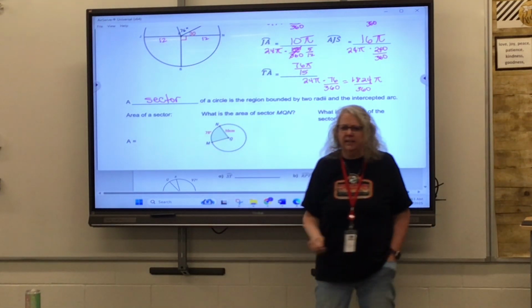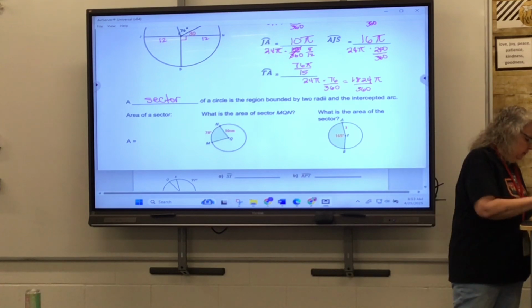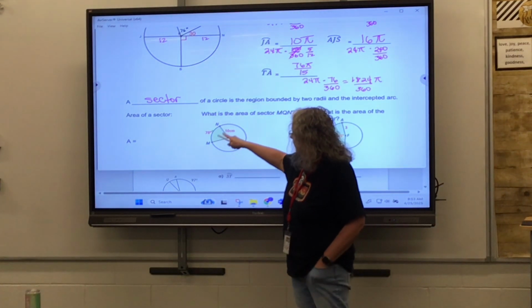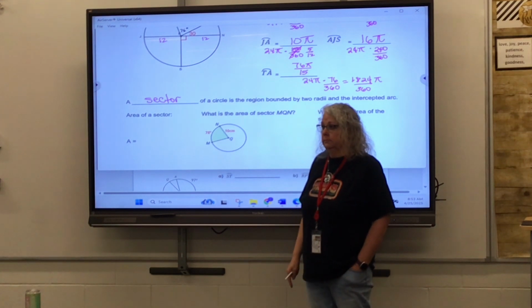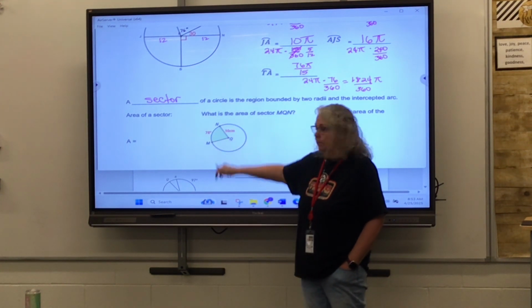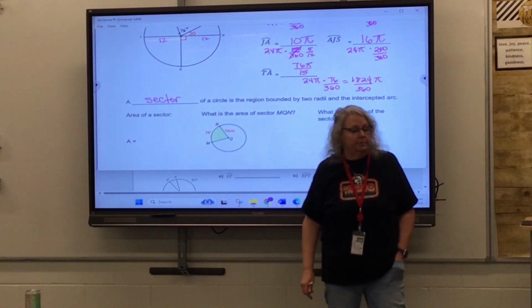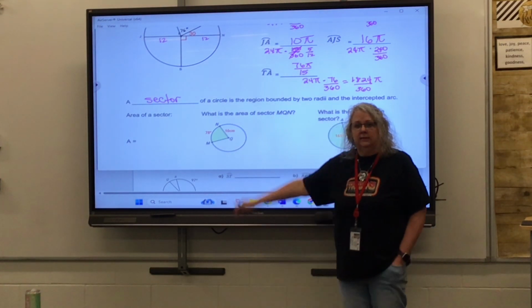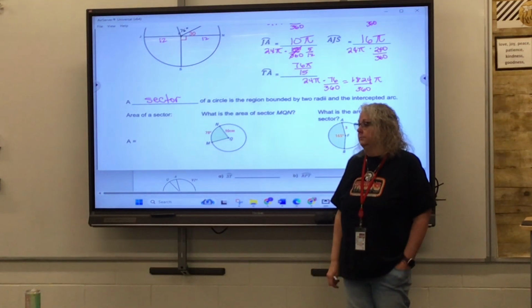Yours is not shaded in very well, it did not photocopy, so shade it in. This is what we're going to find the area of. It was supposed to be greenish. So how do you think I'm going to find the area of that part of the circle?